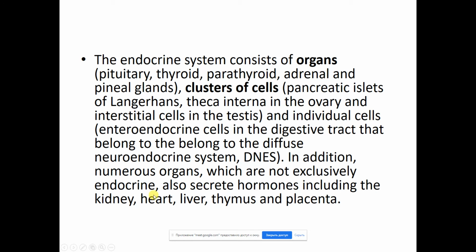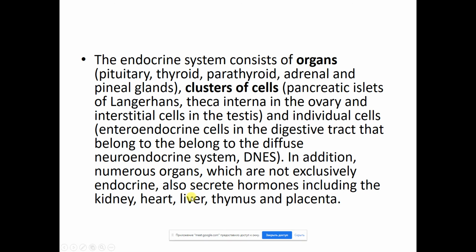So for example, we have some endocrine function even in non-endocrine organs, which were never named as endocrine organs, like kidney. In kidney we have juxtaglomerular apparatus, which produces different hormones. We discussed it a little bit in pathology. In the heart, we also produce, for example, natriuretic hormone.